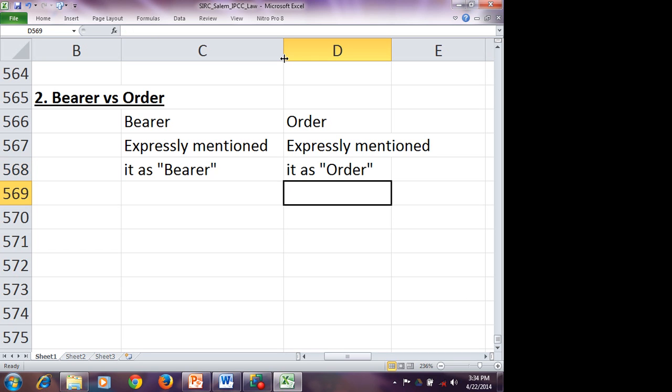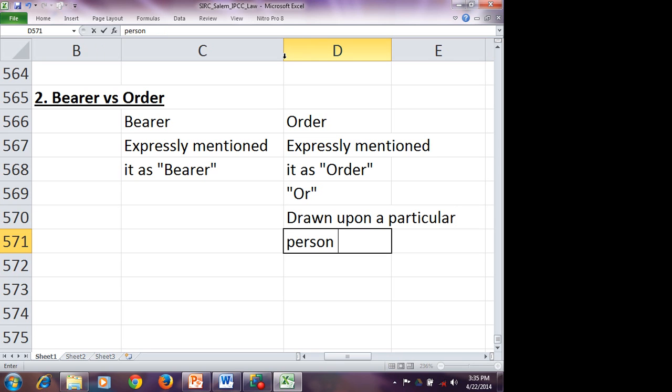Or, here comes, or the instrument is drawn upon a particular person and does not contain what?